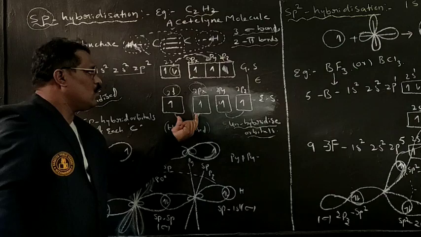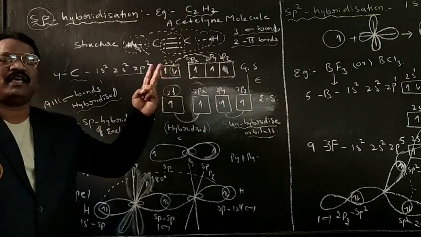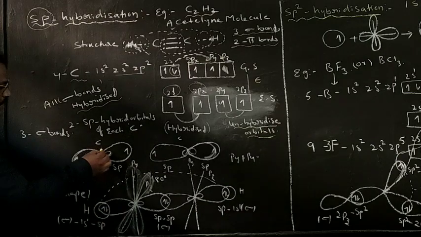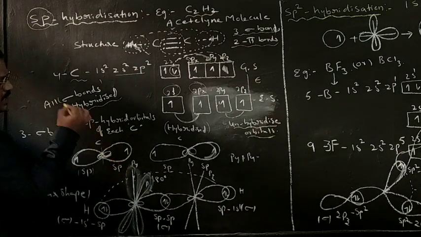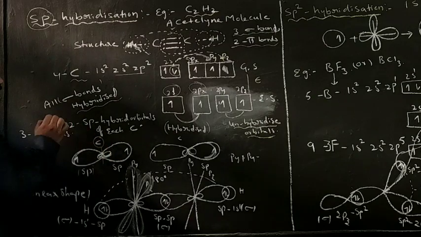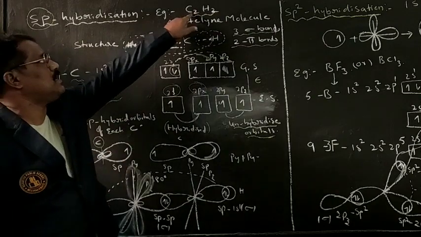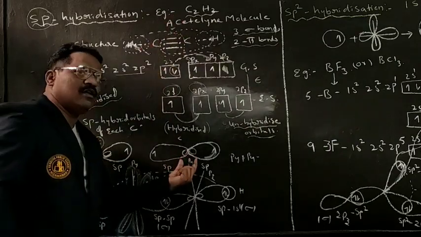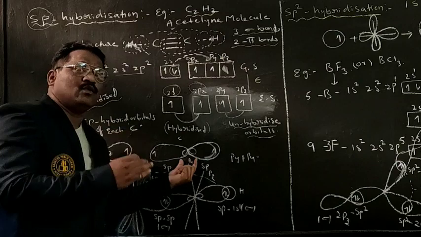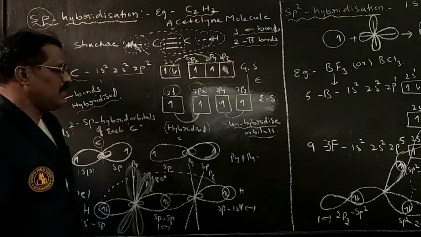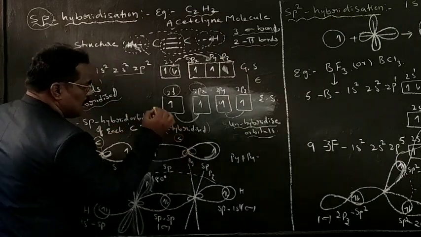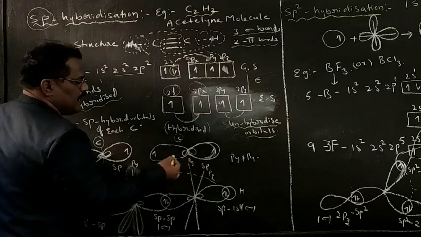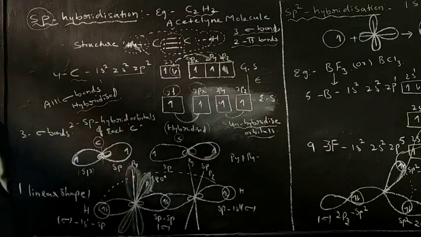As the s and p overlap each other, two sp hybrid orbitals will form, one here and one more here, of a carbon atom. But here how many carbons are there? Two carbons. Therefore, a set of two sp hybrid orbitals is also required for the other carbon. If I take this as the other carbon, the same process takes place, and two sp hybrid orbitals will form within it also.